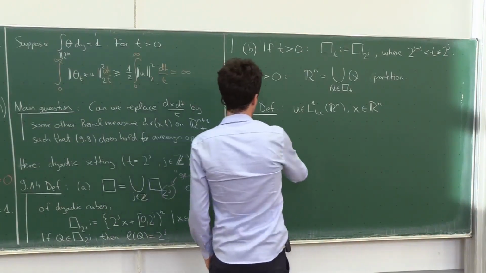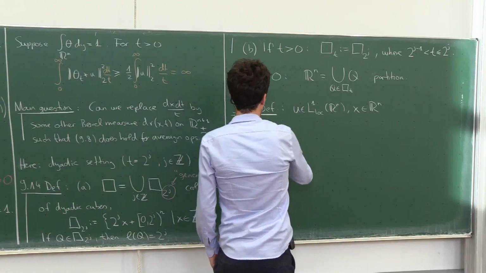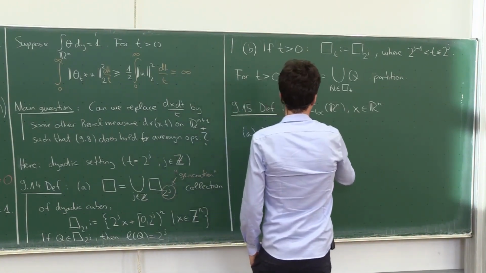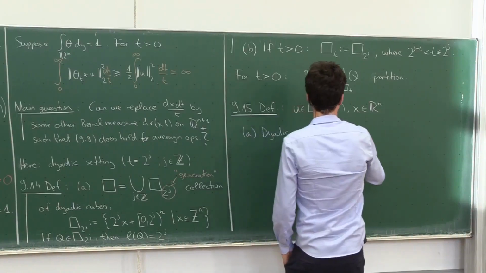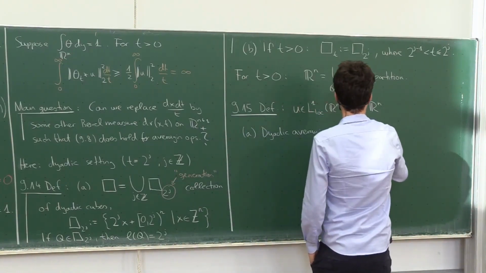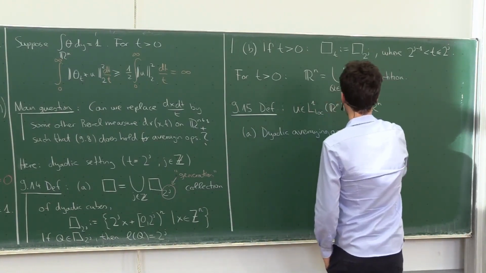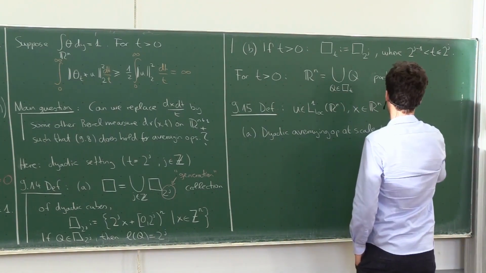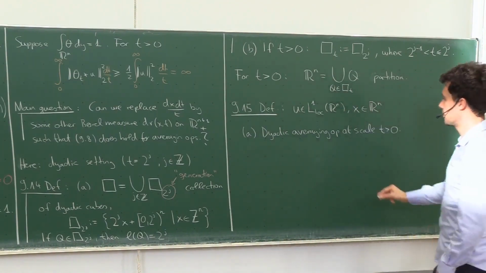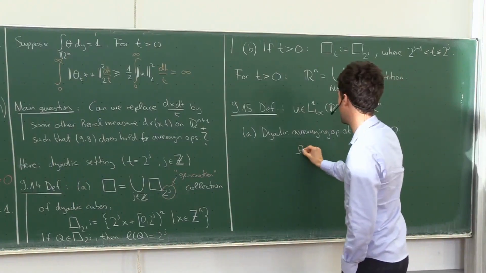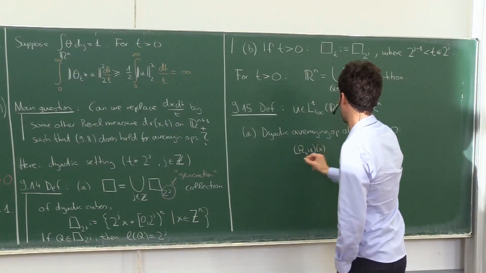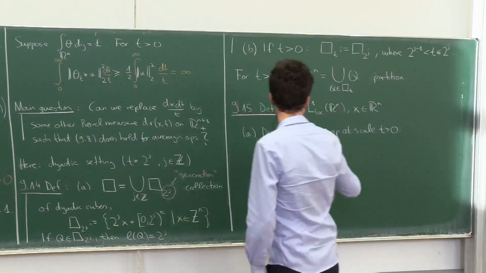First, the dyadic averaging operator at scale t. I call this A_t of u at x.